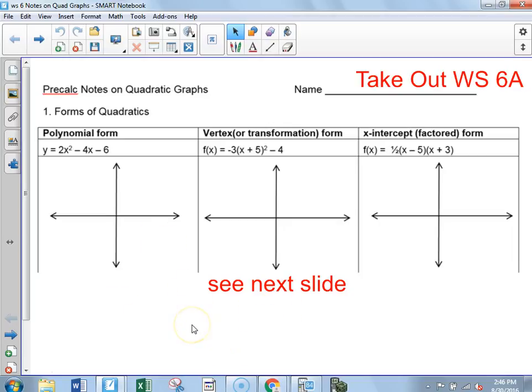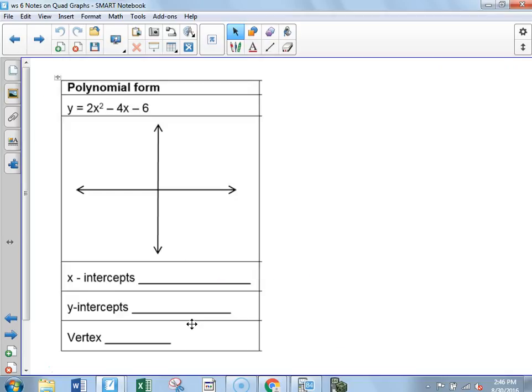All right, there are 3 kinds of quadratic equations written across the top here. The first one is polynomial form.